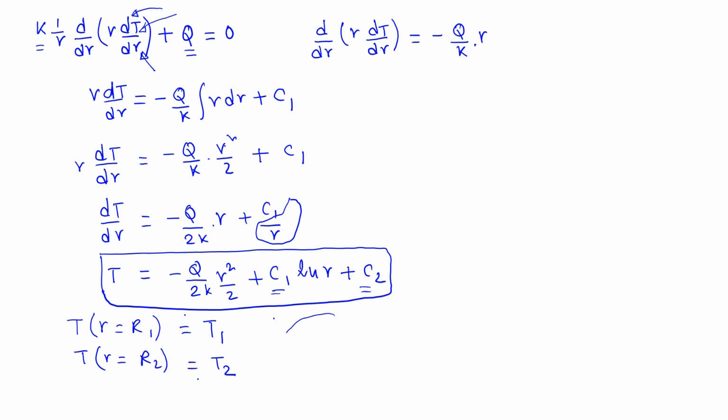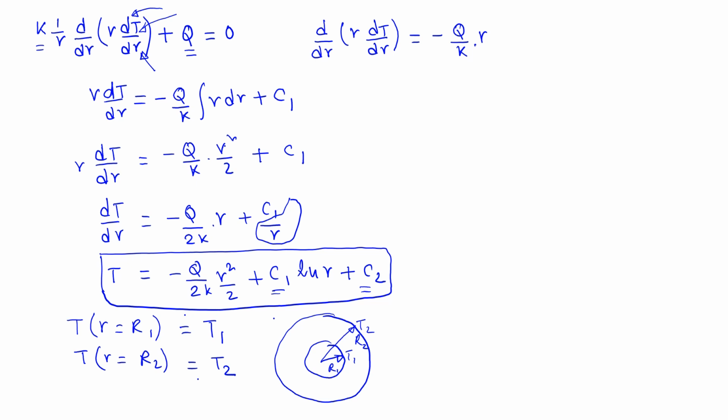If this is like a cylinder, then at r equal to r1 the value is T1, and at r equal to r2, the value is T2.